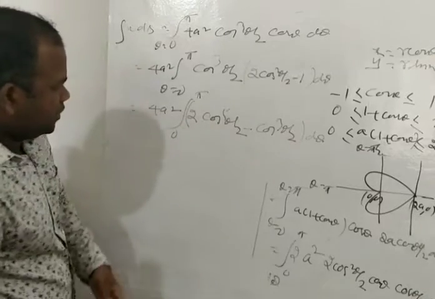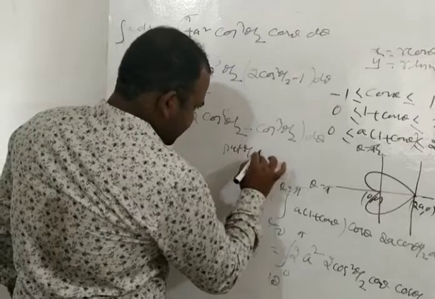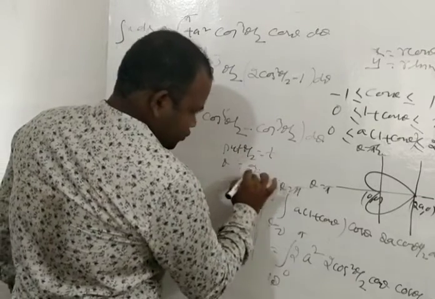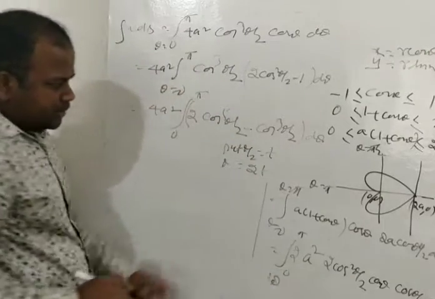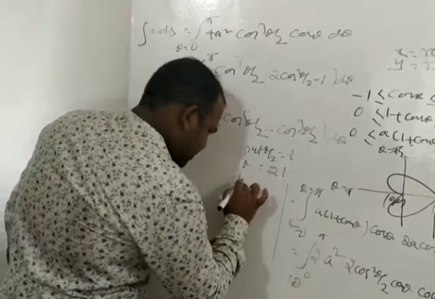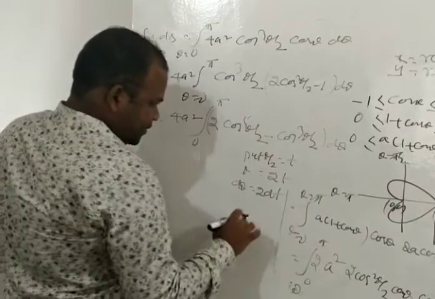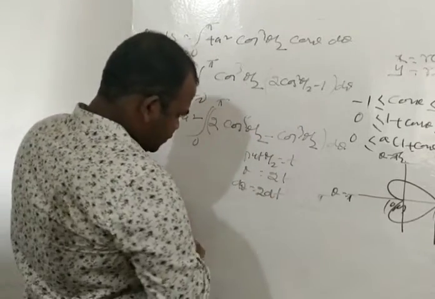Now put theta/2 equals t. Theta equals 2t. Then what is the value of d theta? d theta equals 2 dt.